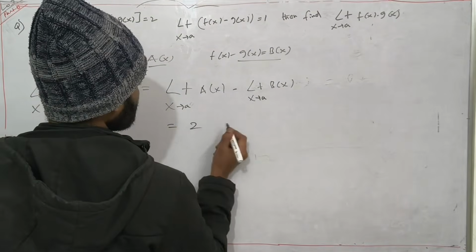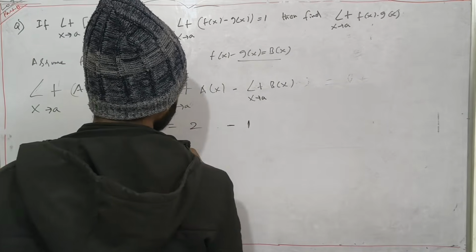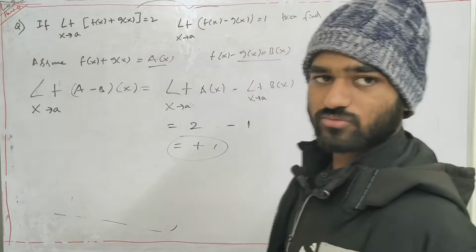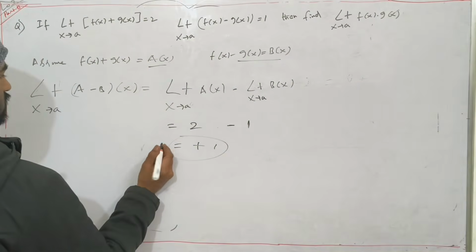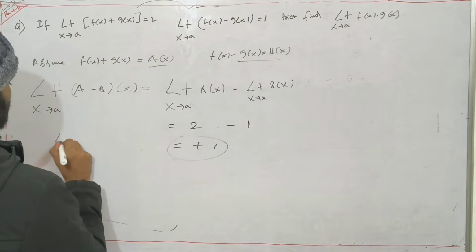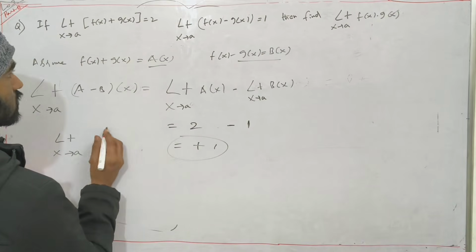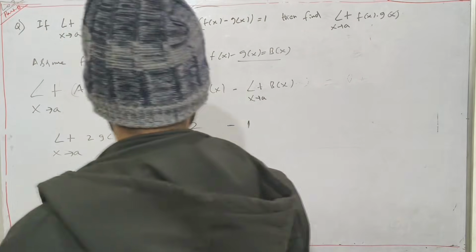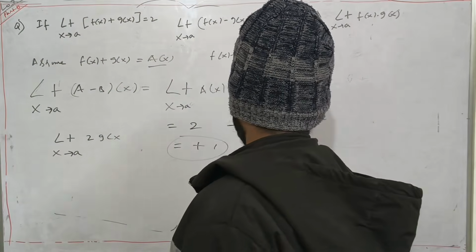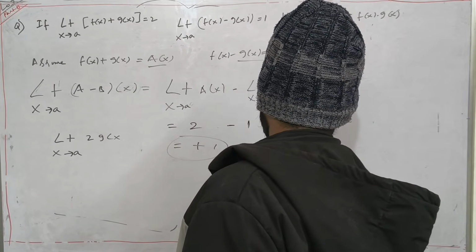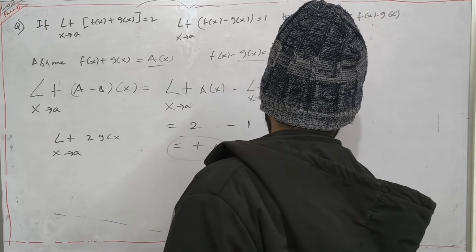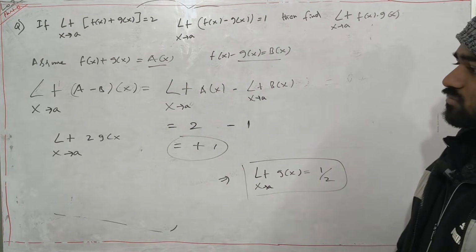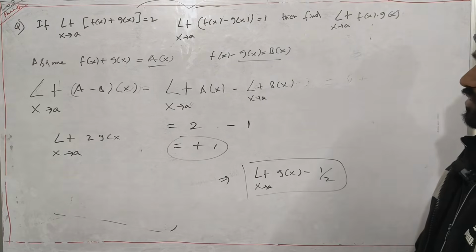This is 2, this is 1, so L minus M, this is plus 1. Directly we can separate, and on the left hand we get limit x tends to a of 2 into g(x), which implies limit x tends to a of g(x) equals 1 by 2. Samajh mein aa raha hai? We got the f(x) and g(x).